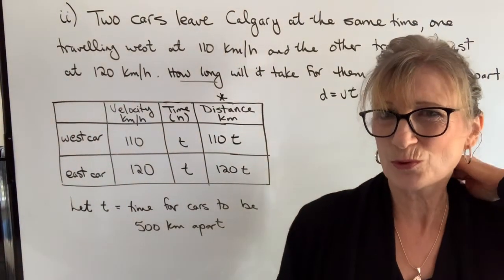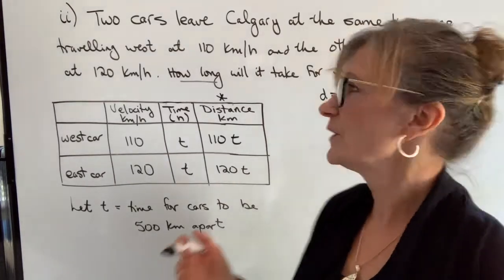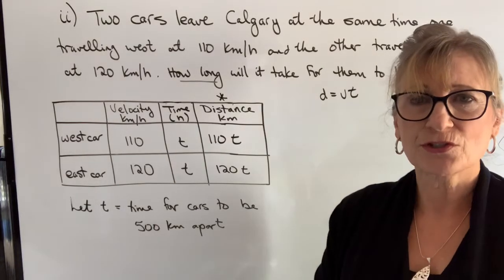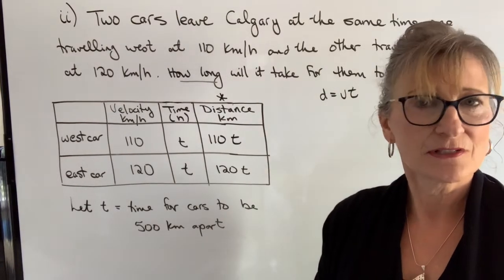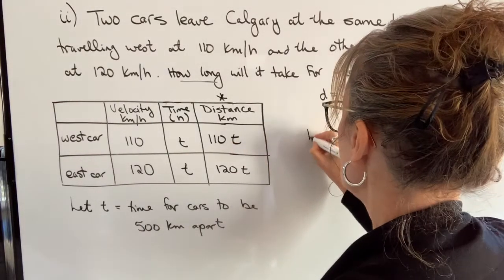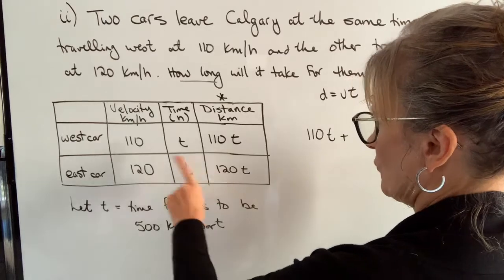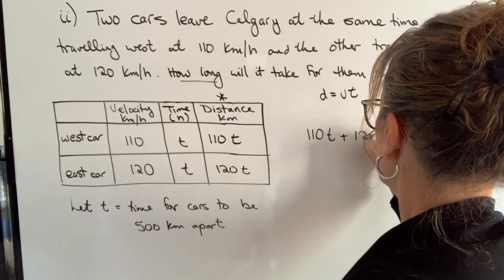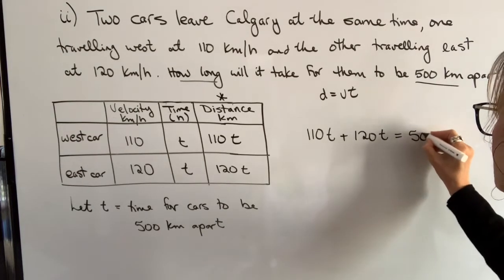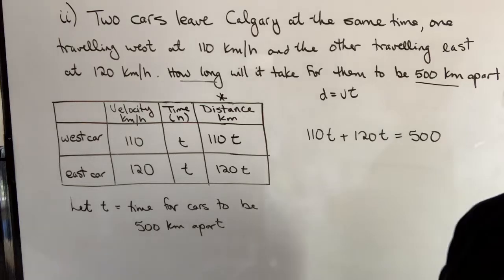What do we know about those two distances? Are they equal? Not in this case. We know that in this case, they have to add up to 500 kilometers because that's how far apart they are. So that's our equation. The distance traveled by the west car plus the distance by the car traveling east add up to equal 500 kilometers. So this distance plus this distance equals our total distance.